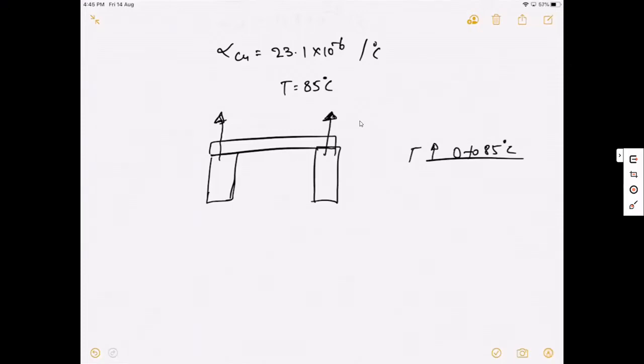My copper bar will try to elongate like this, and my aluminium bar will also try to elongate like this.